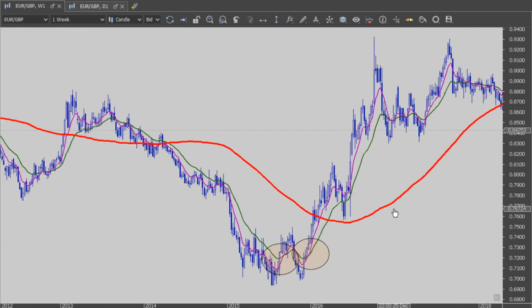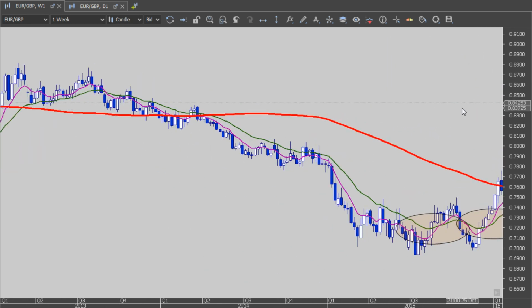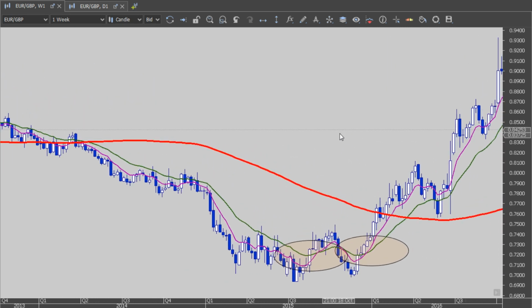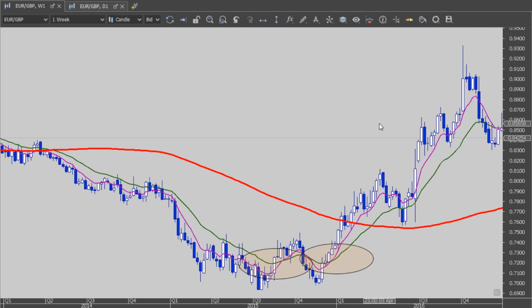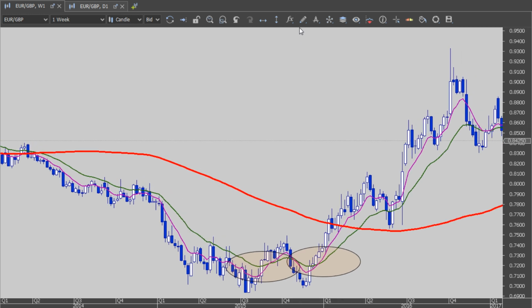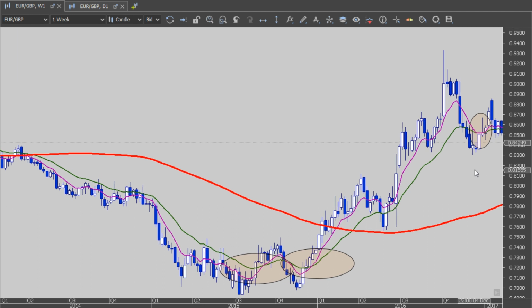Now let's check. We don't have the crystal ball and the market is moving, right? Moving, there you go. So this is not the best example because it's difficult to see if the 8 EMA went below the 21, but still this is an example.